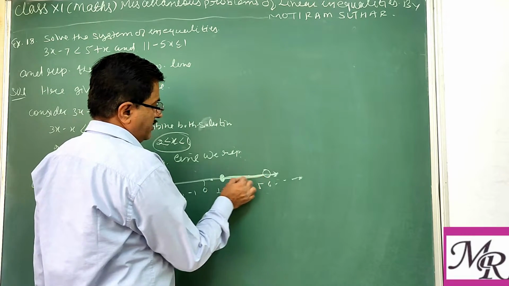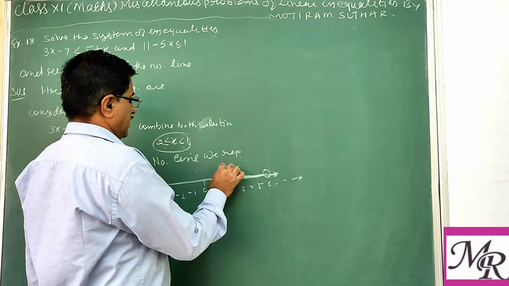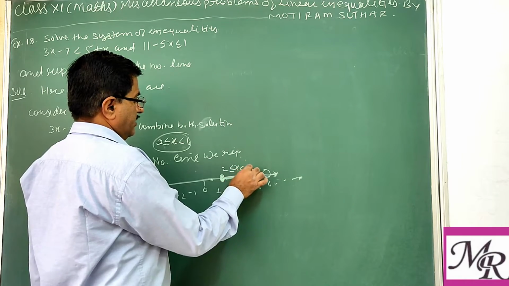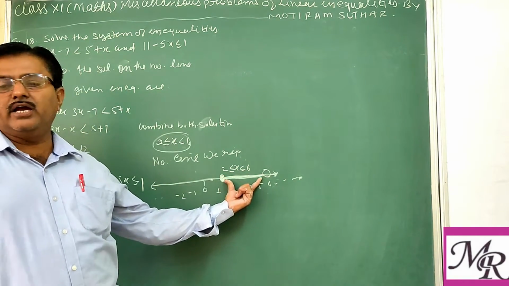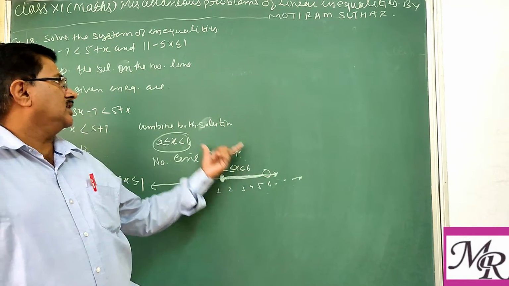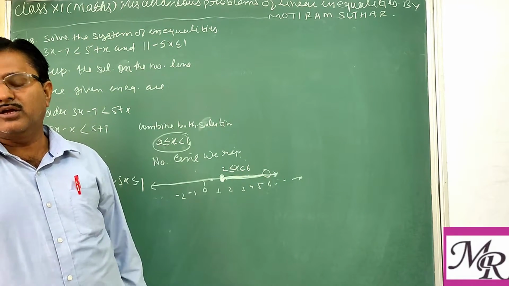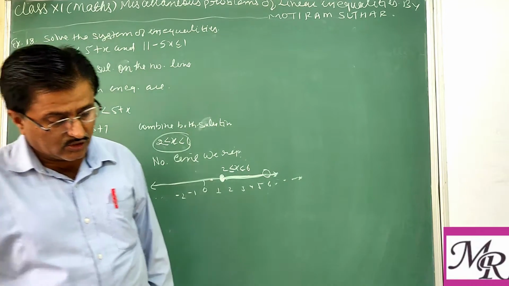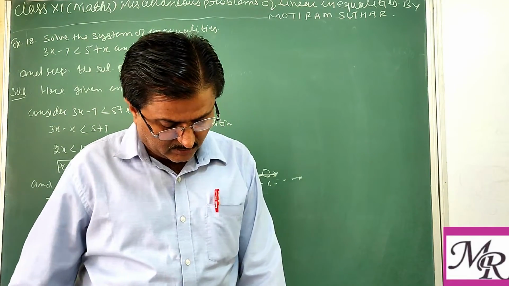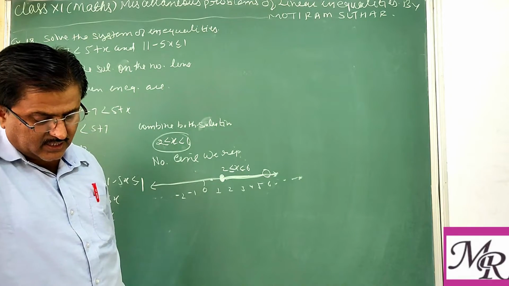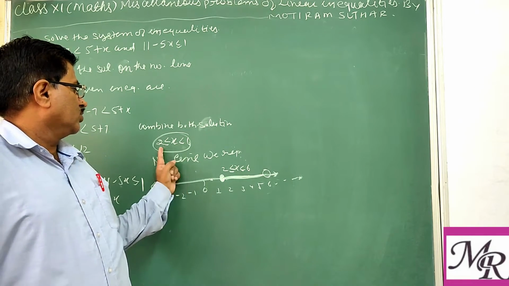So this line, the shaded area, represents the solution of the given system of inequality. Yes? So you may write here the solution of the system: real number x lies between 2 and 6.